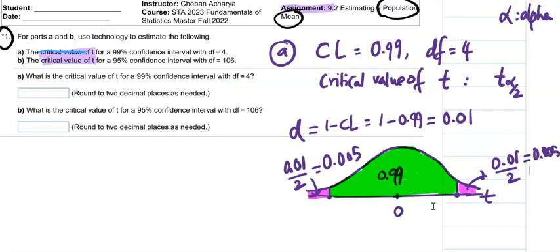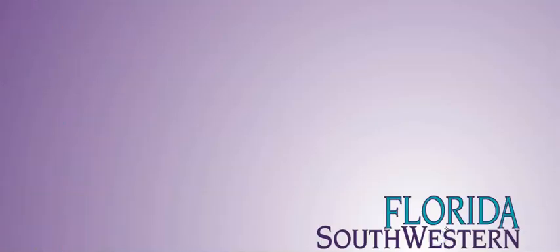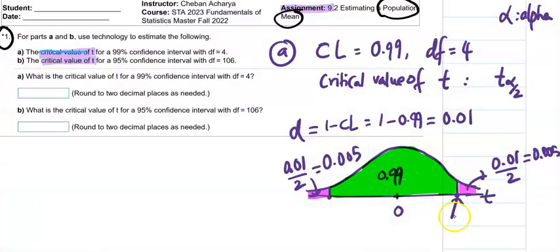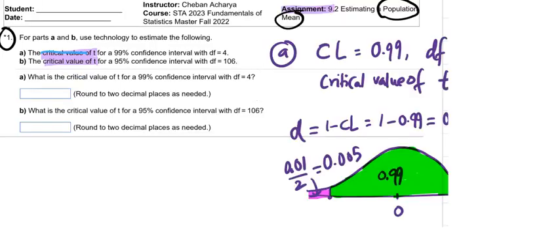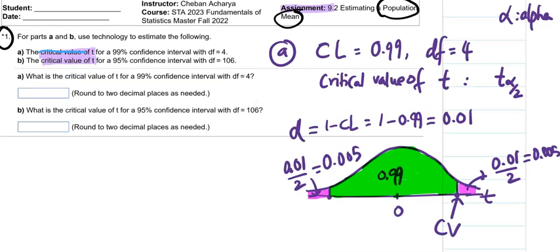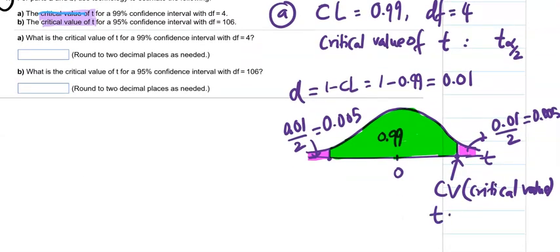So this value here is the critical value. We call it CV, critical value in short form. Or you can call it t alpha over 2. This is the value I'm looking for.